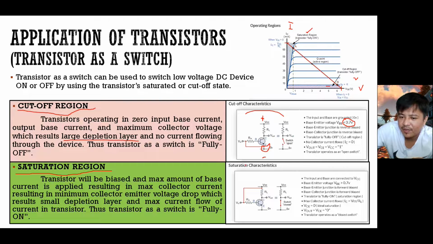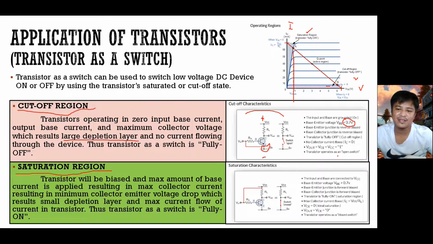Since less than 0.7 volts yung ini-input natin sa kanya, mananatili lamang siya sa kanyang cutoff region or sa kanyang off state.